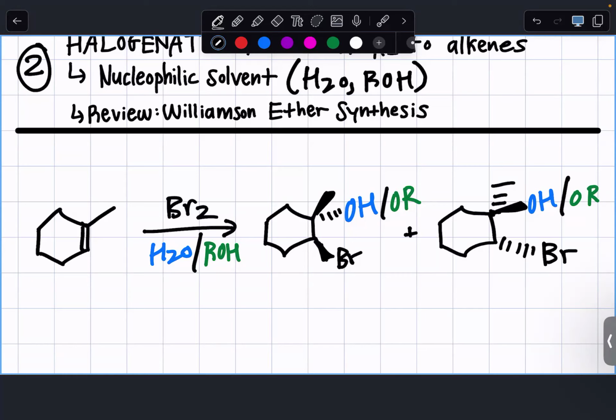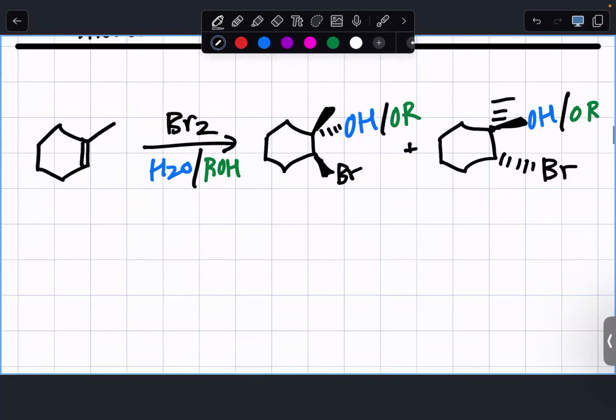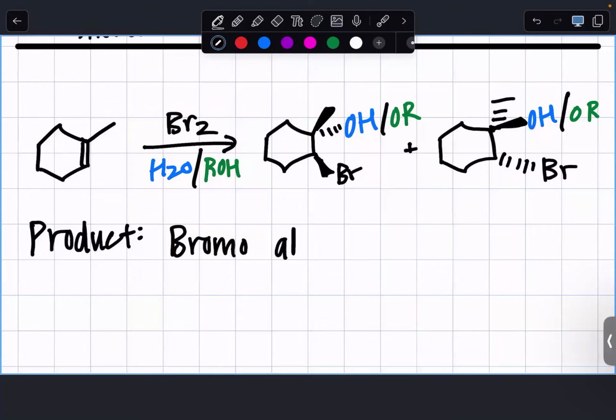And we also see that these things are added anti to each other. So the stereoselectivity is anti-addition as well, right? So for this reaction, the product is going to be a bromo alcohol or bromo ether, depending on your solvent. It will be bromo alcohol if you used water.